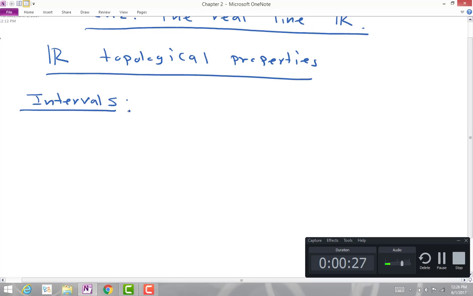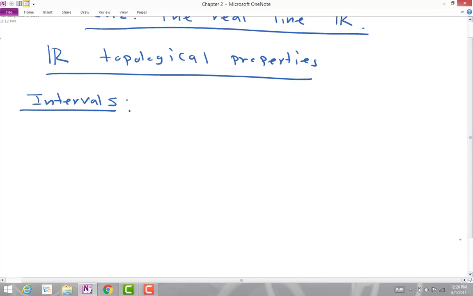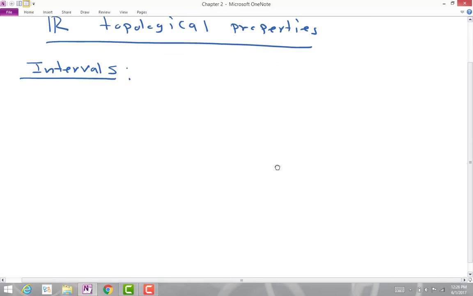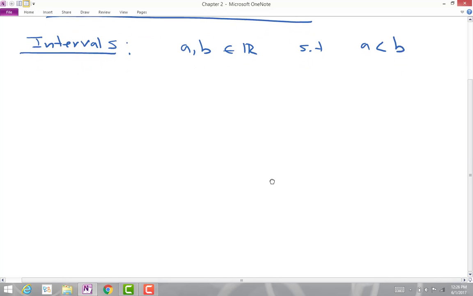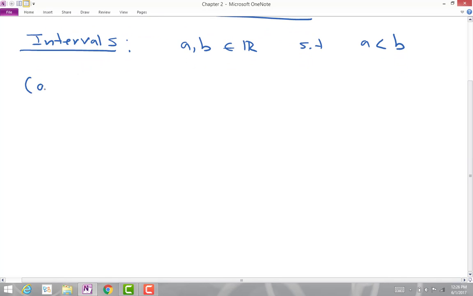There are several different types of intervals in the real line. Now, if I take a and b to be two real numbers such that a is less than b, we define the set (a, b) to be the set of all real numbers that are between a and b.